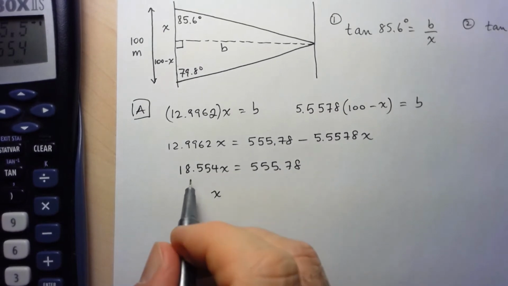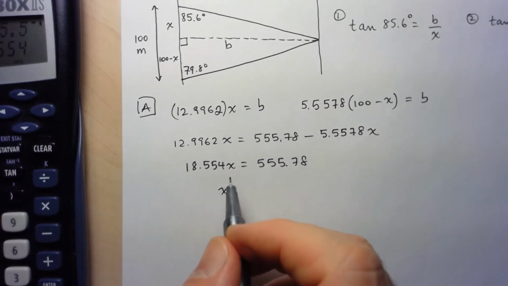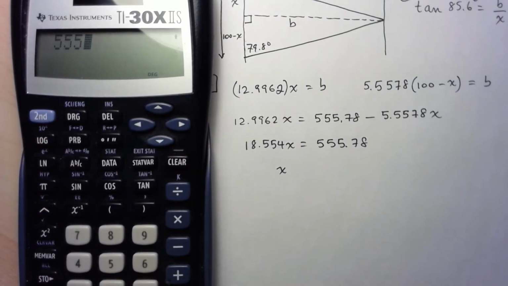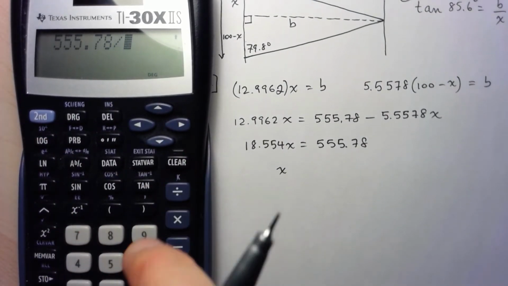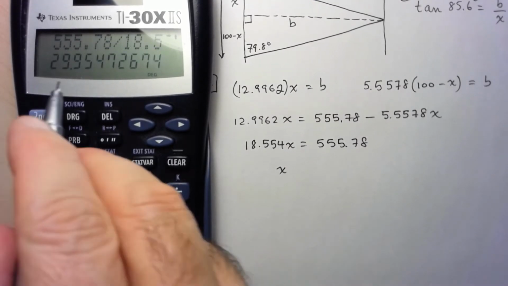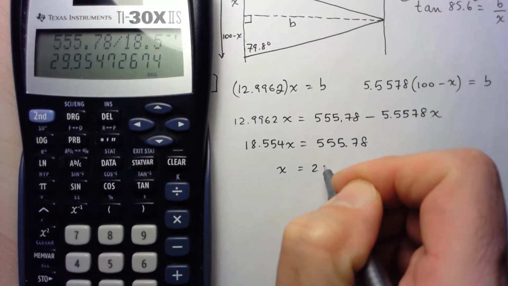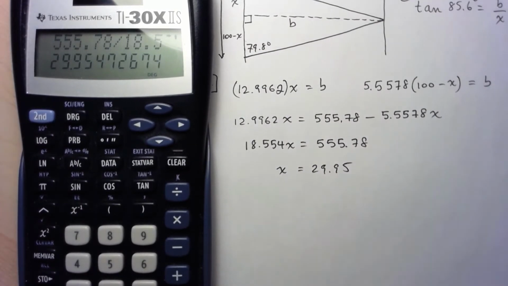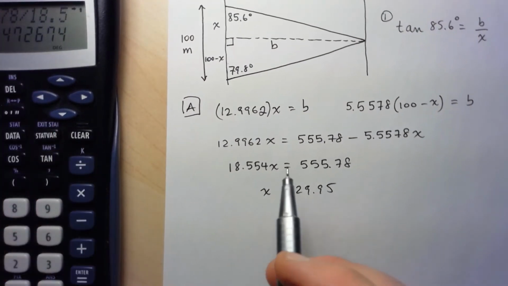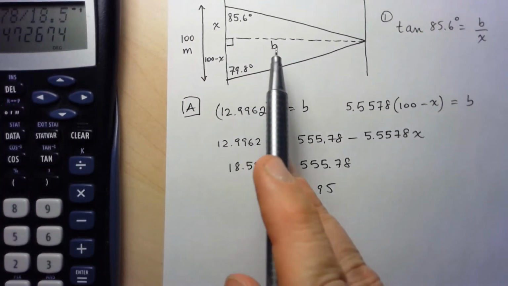And finally, I'm going to divide both sides by the coefficient to solve for x. So here we've got 555.78 divided by 18.554. And that's equal to 29.95, approximately.